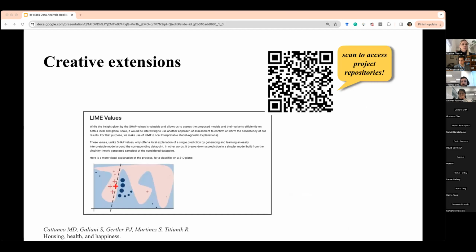Another creative extension that was really cool was about fitting a different, more complex model on the same data set, and then doing mechanistic interpretability analysis to see how all the different factors could influence the outcome of interest, that is the child happiness.